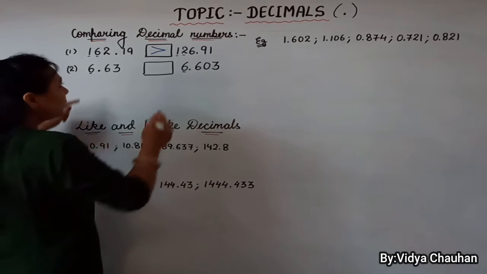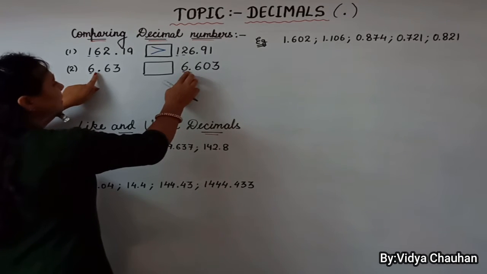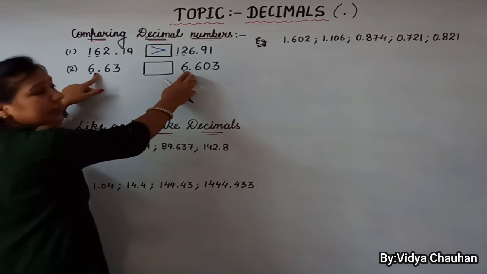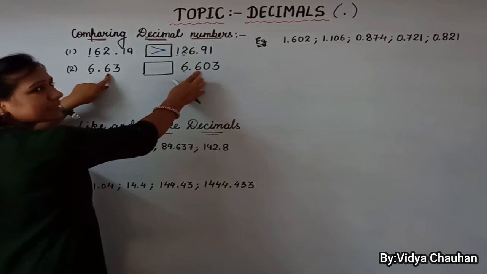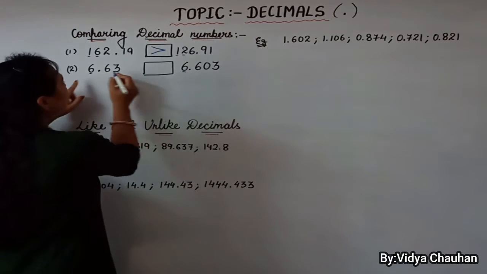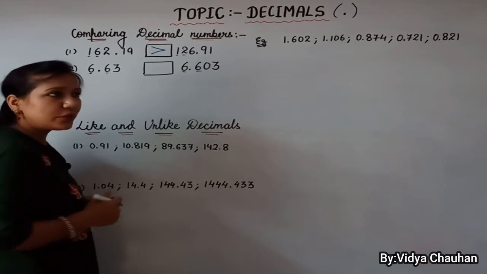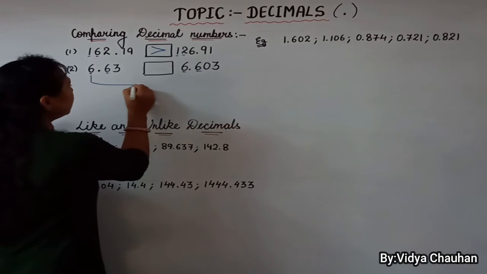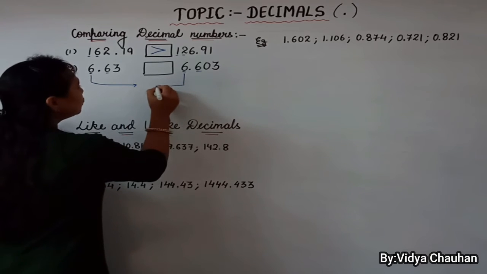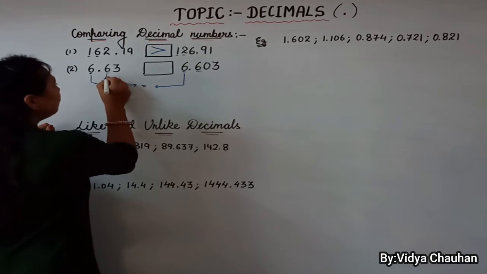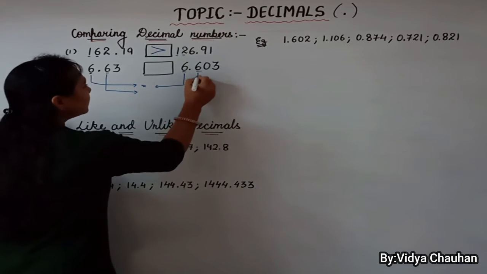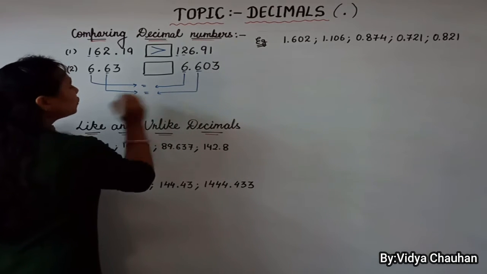Now, since we do not have any other digit in the integral part, let's move to the decimal part. What is the next digit? Again 6 and 6. That means this is also equal.